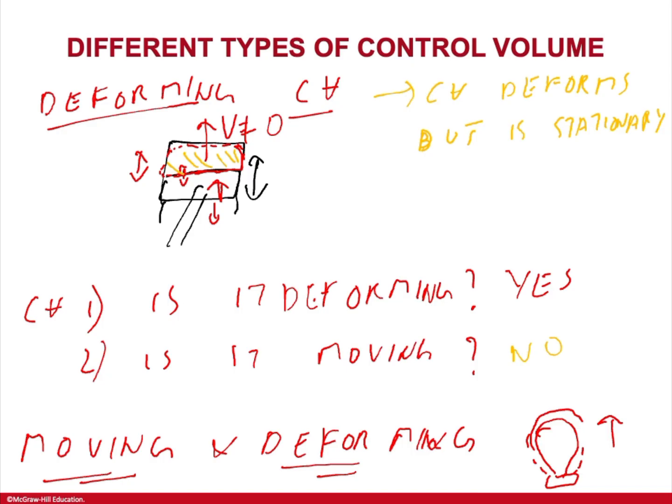Okay, so now that we have laid this foundation, and you're clear about the basic control volume concept, next we'll be going through the derivation of the Reynolds transport theorem, which will connect this control volume concept to a system.